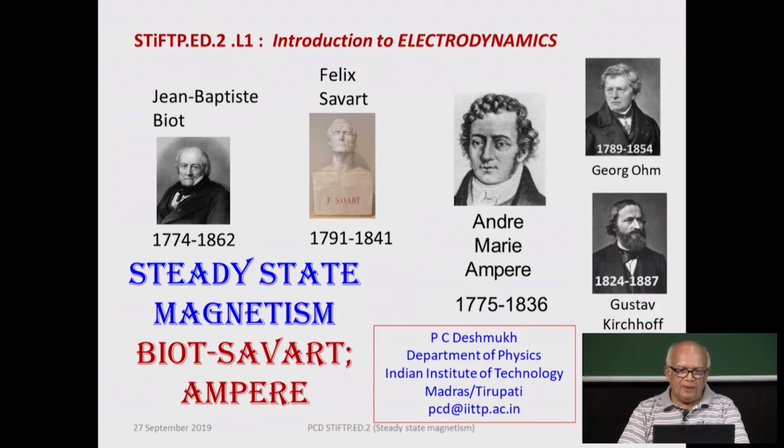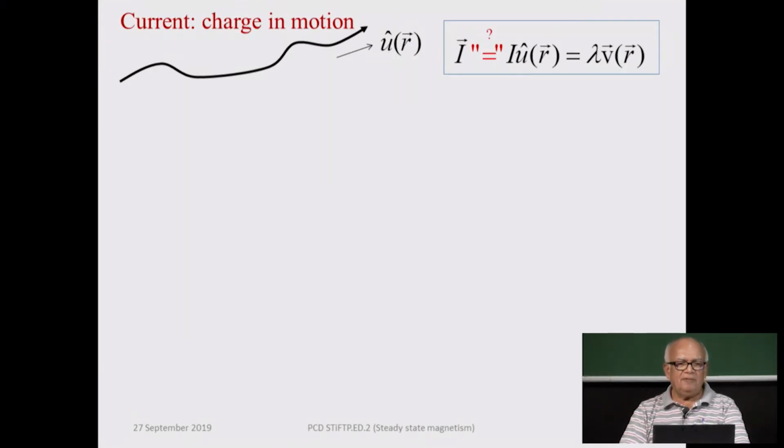So, let us consider a charge in motion, and this is the reason I like to call this topic steady state magnetism rather than magnetostatics. Some people even call it magnetostatics. In some sense that term is appropriate, but it can also be confusing.